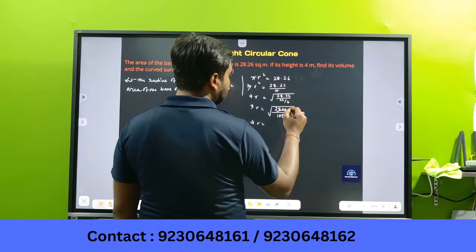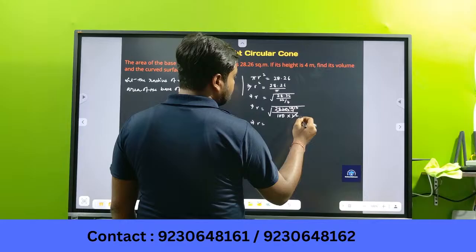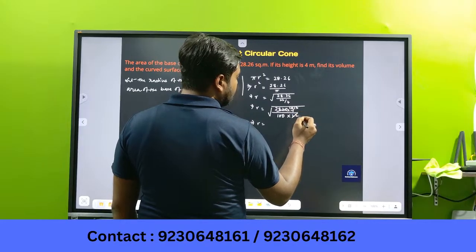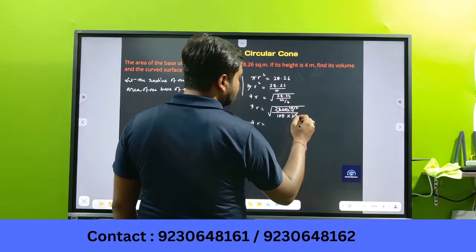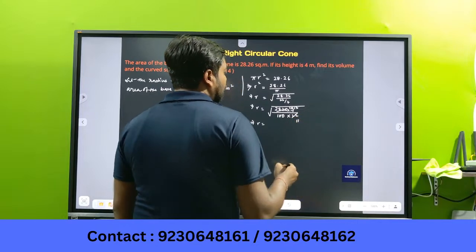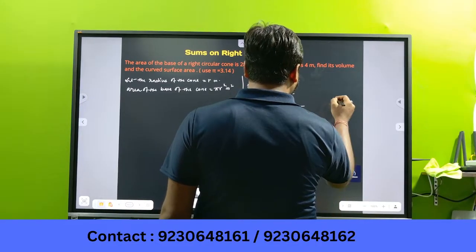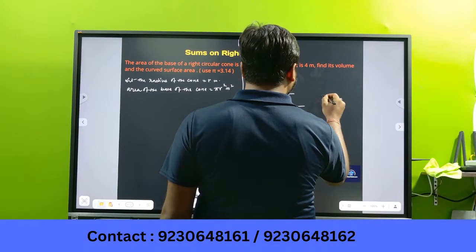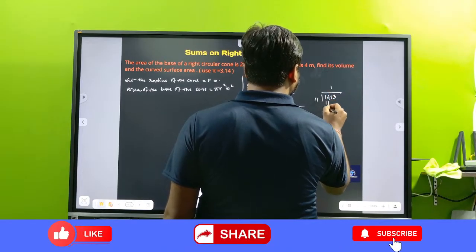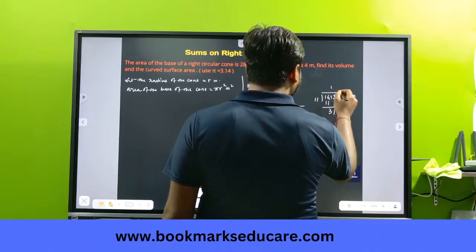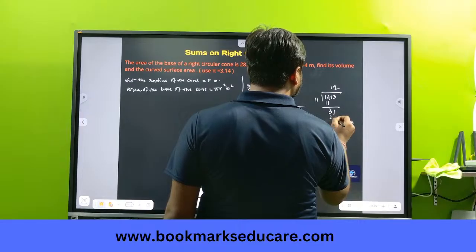Two 11s are this one, 1413. Let's divide 1413 by 11.